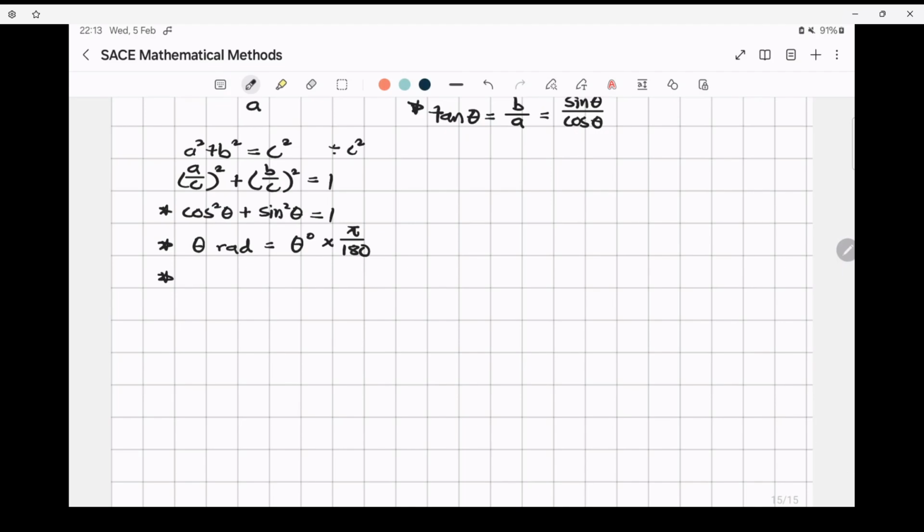Conversely, if you have the radian, you multiply with 180 divided by pi, then you get back your degree. So those are the conversion factors.